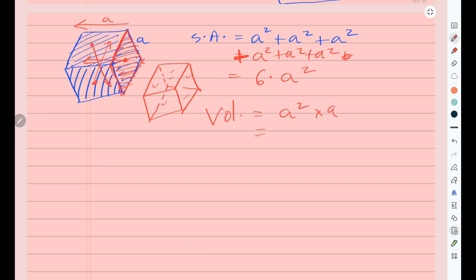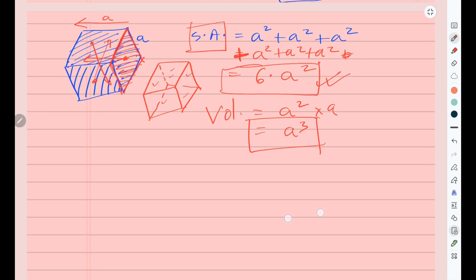So a will be its kind of height or length. So the volume of a cube is equal to a cube, and its surface area is 6a square, because there are 6 surfaces. Okay, so that was all about the cube.